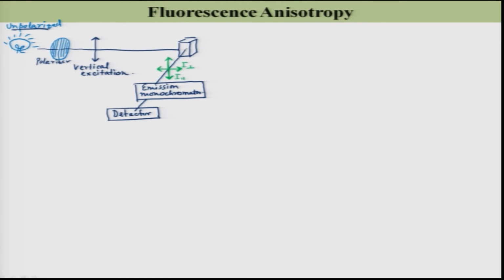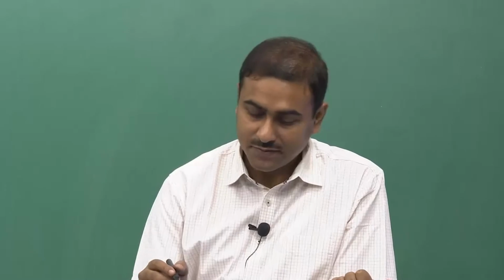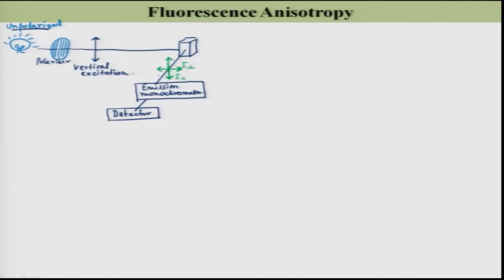Now, this fluorescence again is not polarized anymore because of the reorientation under the constant excitation. So, both vertical and horizontal components and everything in between are there, but we are interested only in the vertical and horizontal, which are referred to as I parallel and I perpendicular. To select whether I will take the I parallel or I perpendicular, I also need to use one more. Let me draw this over here.